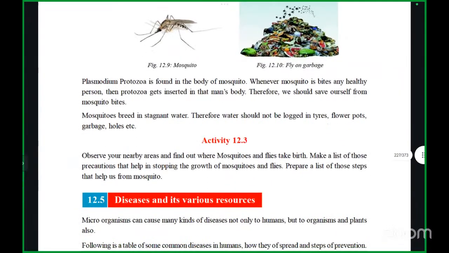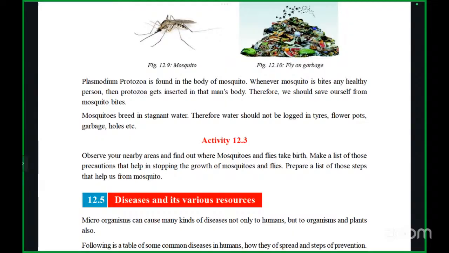Then, Plasmodium protozoa is found in the body of a mosquito. Plasmodium protozoa is a kind of microorganism found in the body of a mosquito. Whenever a mosquito bites a healthy person, the protozoa gets inserted into that person's body.